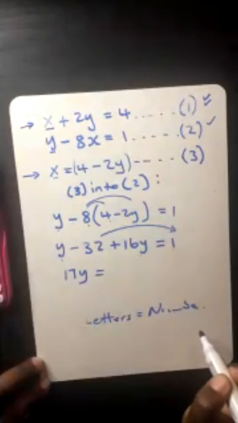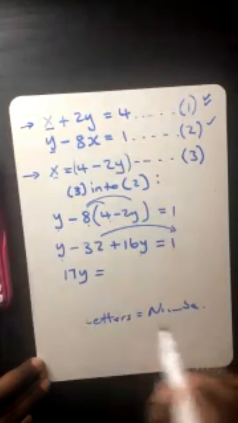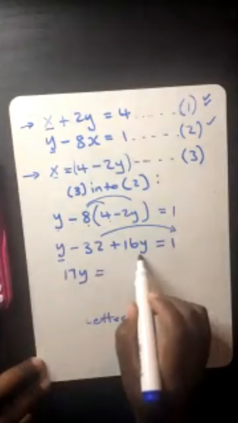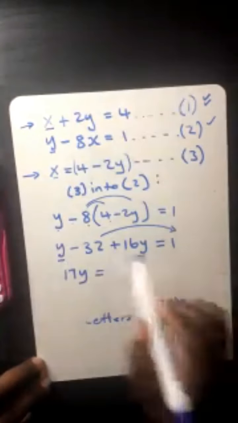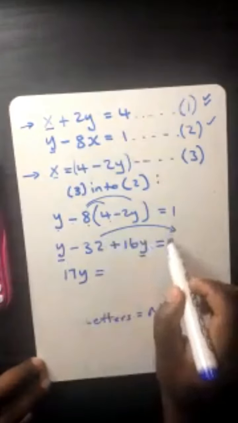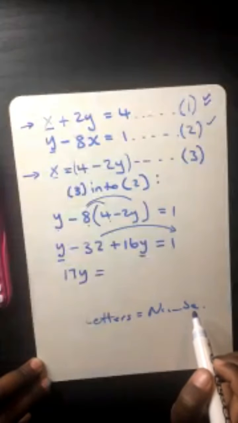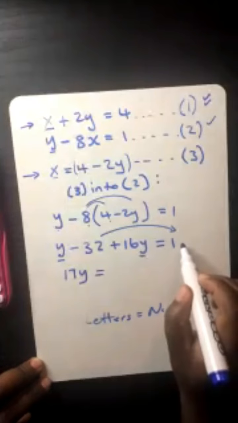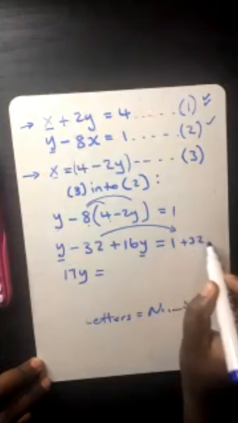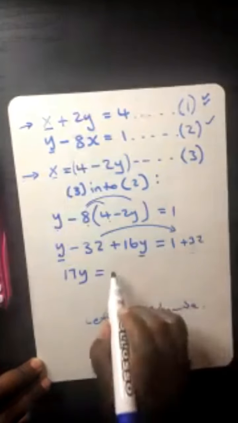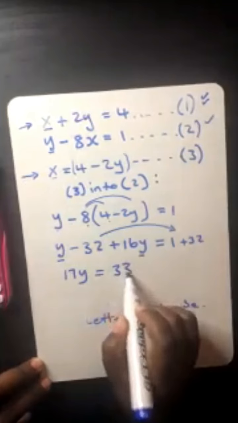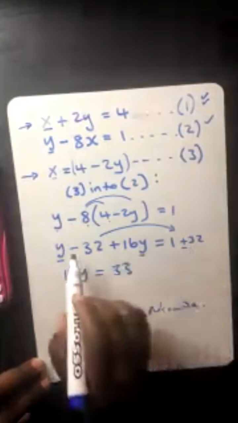So that is the reason why on the left, you write everything that is attached to y, and then you move everything to the other side. So that means obviously you're going to have 1 plus 32, which is going to be 33. Remember, it's a plus because it changes that sign.